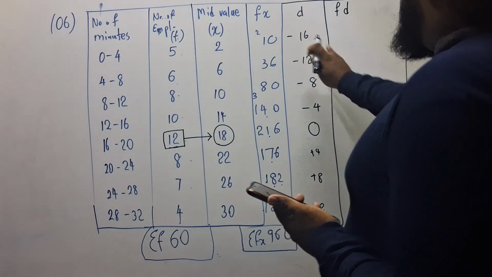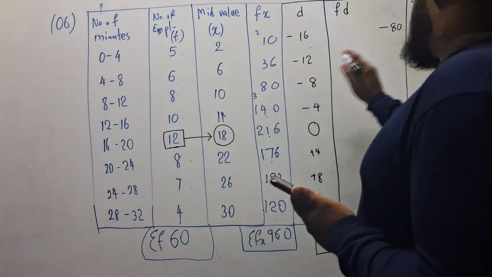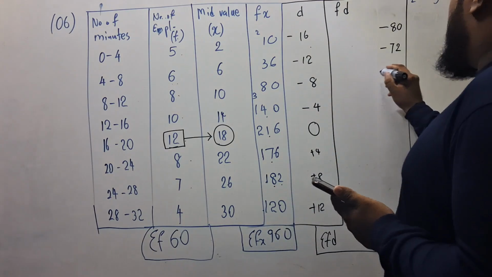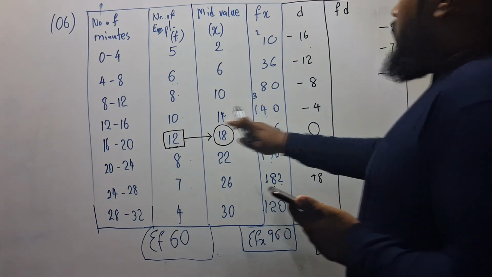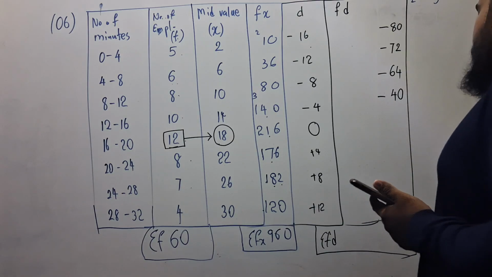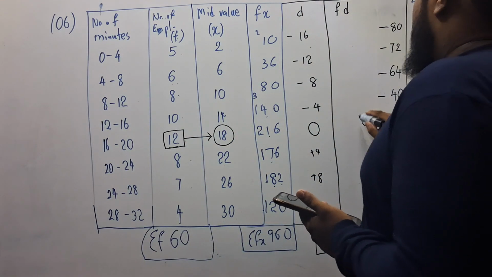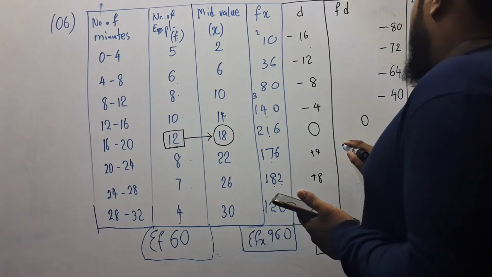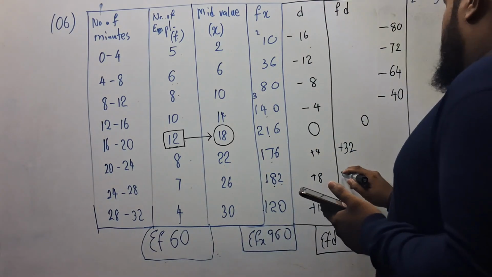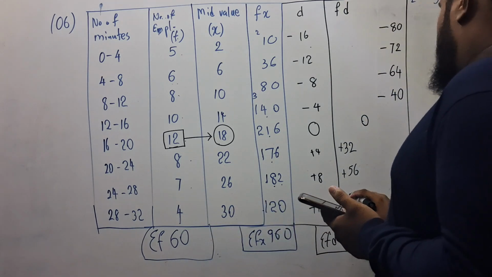Okay. 5 times minus 16 is minus 80. 6 times minus 12 is minus 72. 8 times minus 8 is minus 64. 10 times minus 4 is minus 40. Now the negative values are done. 12 into 0 is 0. 8 into 4 is plus 32. 7 into 8 is plus 56. 4 into 12 is plus 48.